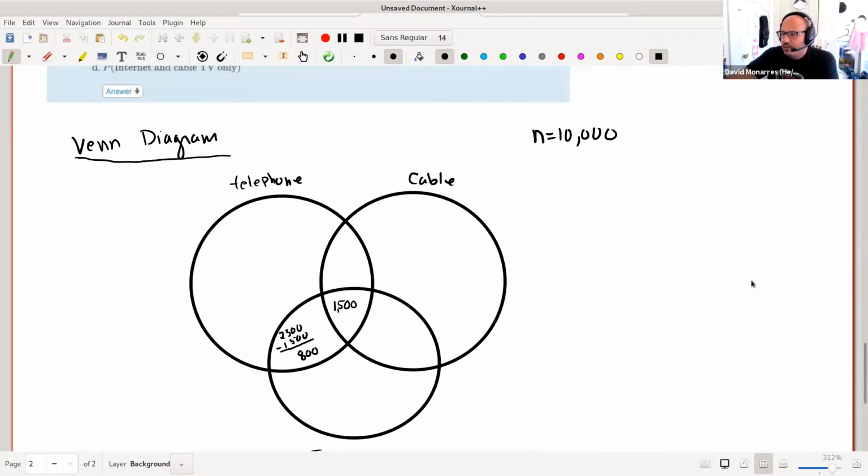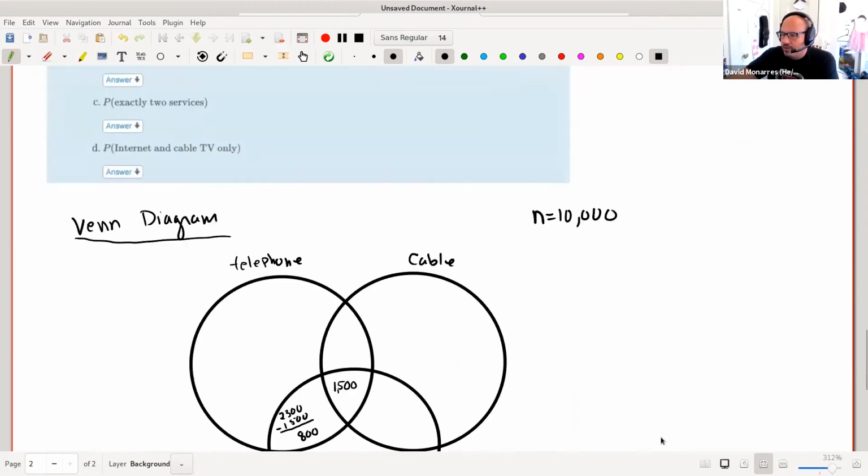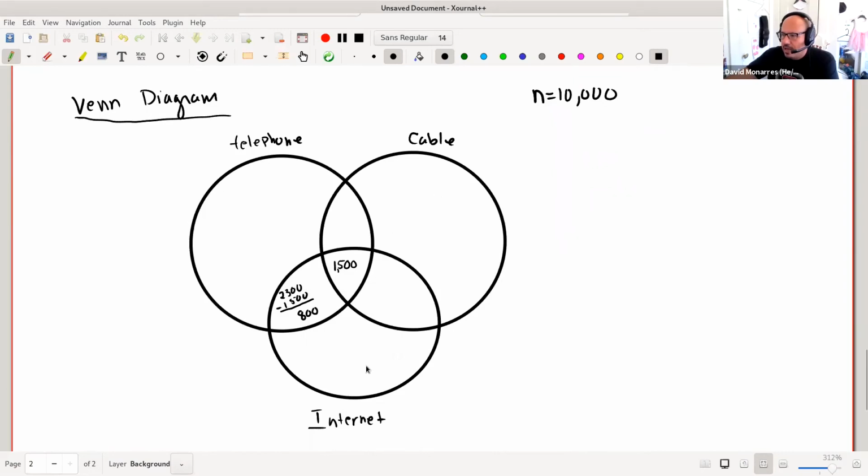And now I'm going to go down here, and what they said is cable and phone. So this is cable and phone, cable and phone. So this is about this little intersection. Should be 2,100. So that means that this little leaf here, this little extra part, is going to be that 2,100 minus the 1,500 that we've counted already, which is going to be 600.